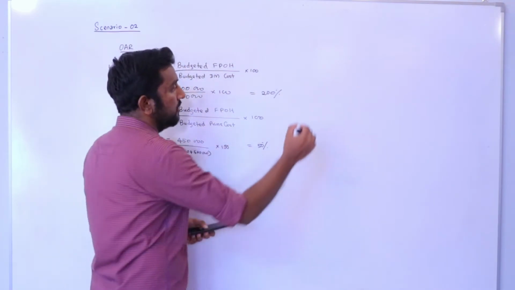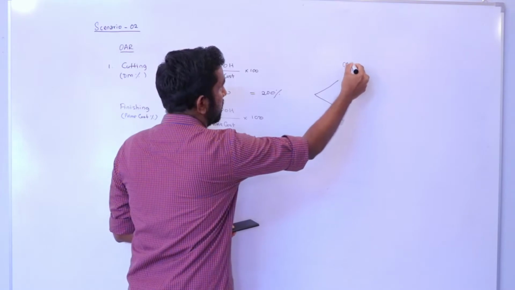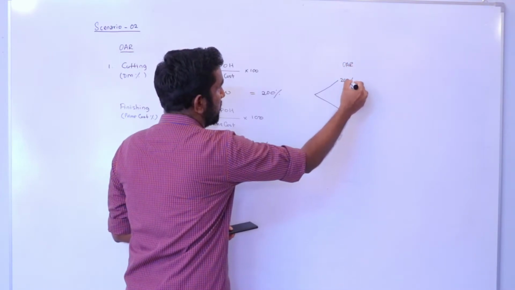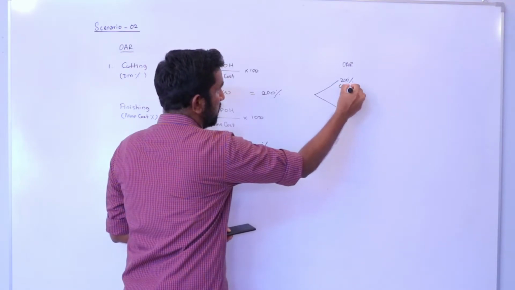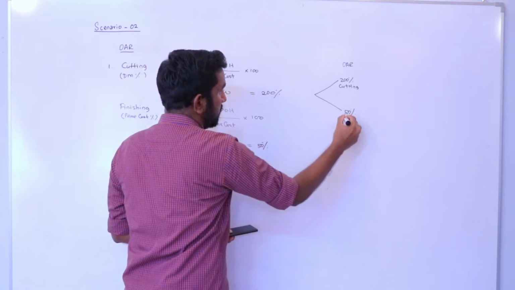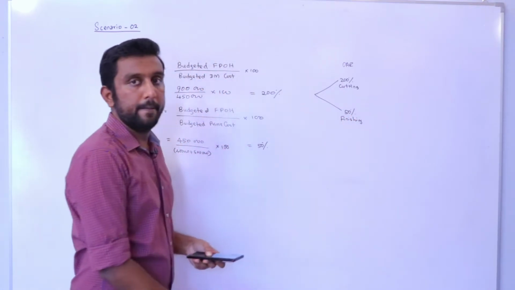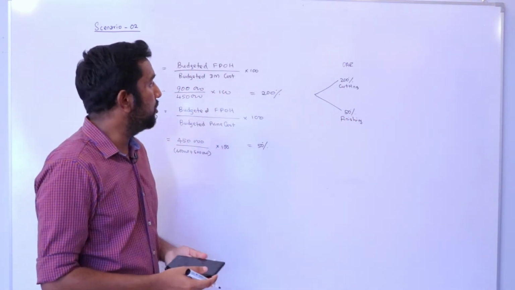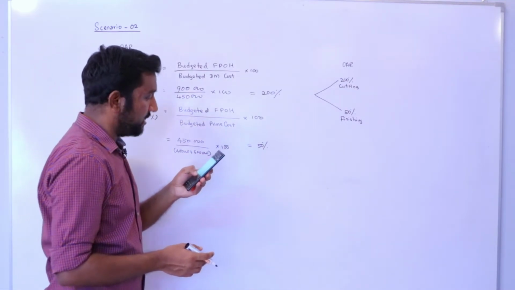So I'll put the working again. OAR: 200% for the first department, 50% for the second department. This is cutting and this is finishing, into actual value.